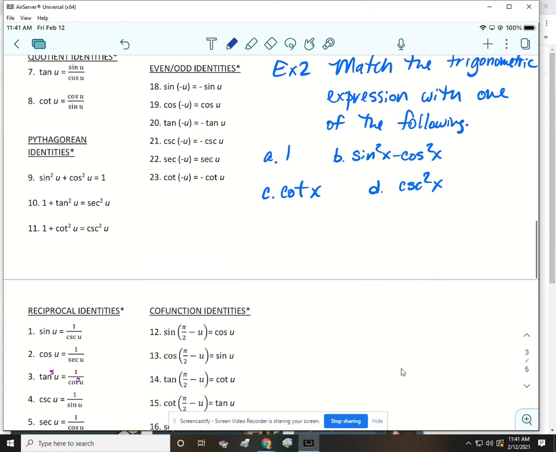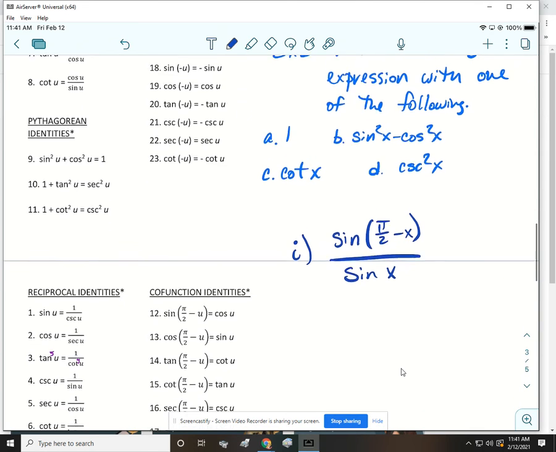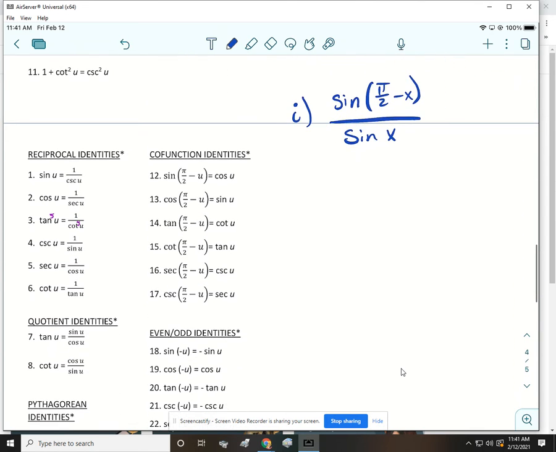And our first problem we're going to do, call it I, is going to be sine of pi over 2 minus x over sine of x. Okay, so as soon as you see pi over 2 minus x or something like that, you need to look at the co-function identities.